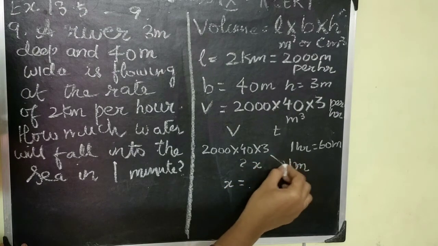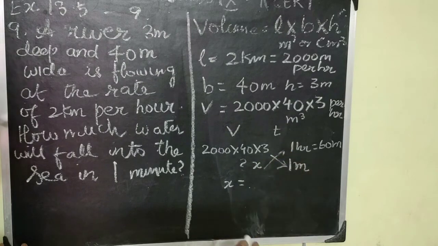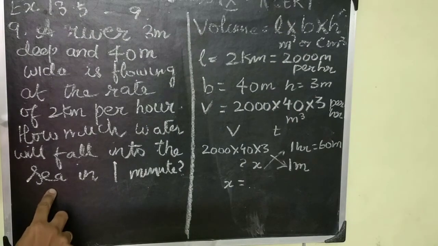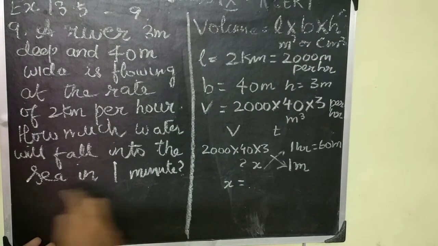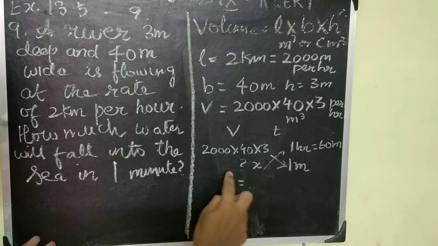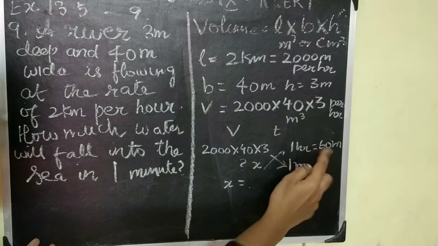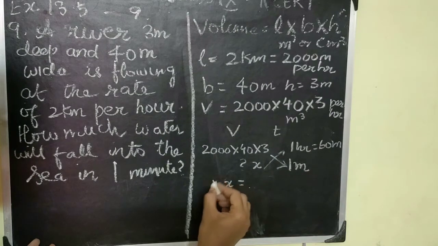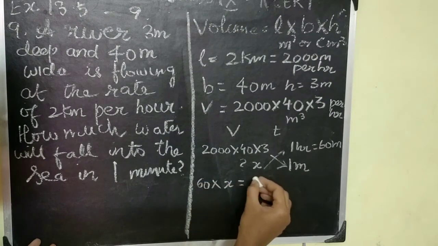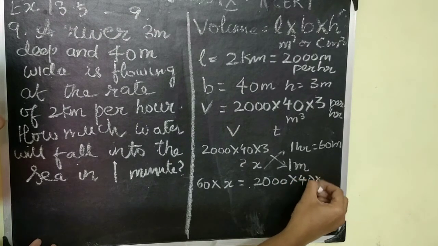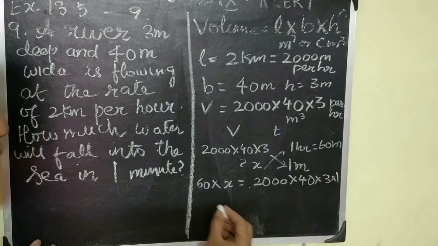We do direct proportion, which means cross multiplication, because as the time increases, the volume of water which is going to fall into the sea is also going to increase. So it's a direct proportion sum. So you cross multiply. It will come as 60 into X is equal to 2000 into 40 into 3 into 1. So what is X?